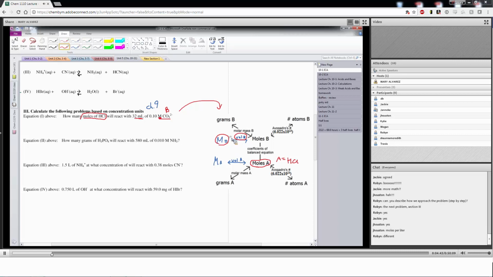Okay, these two things. All right, now being able to see it on the roadmap, can you guys tell me how I might get from here, this information given, to here, this information requested?